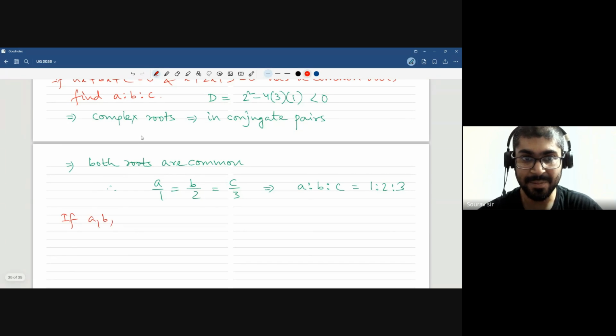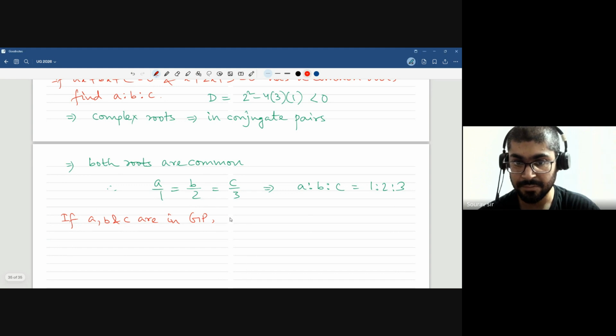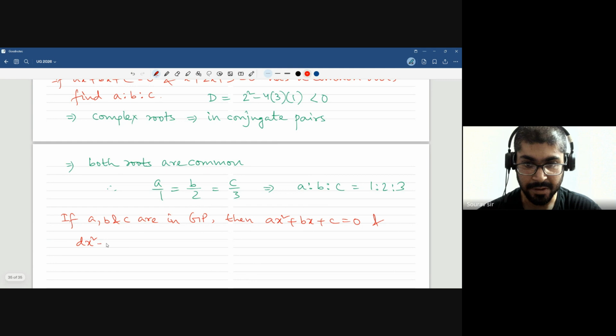If a, b, and c are in GP, then ax square plus bx plus c equals to 0 and dx square plus ex plus f equal to 0 have a common root.